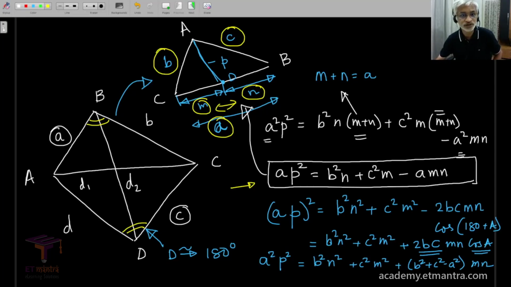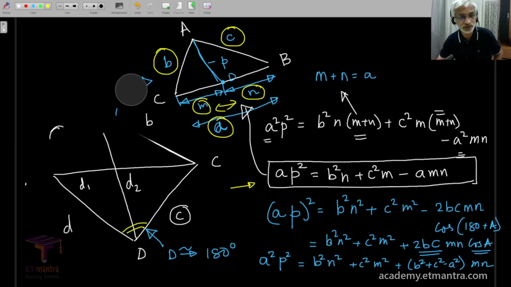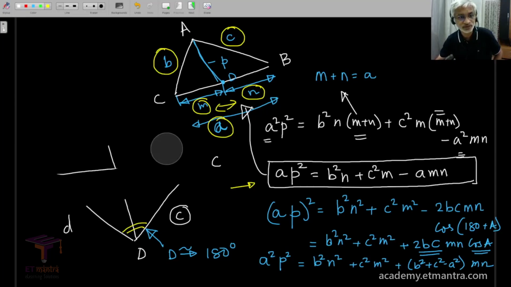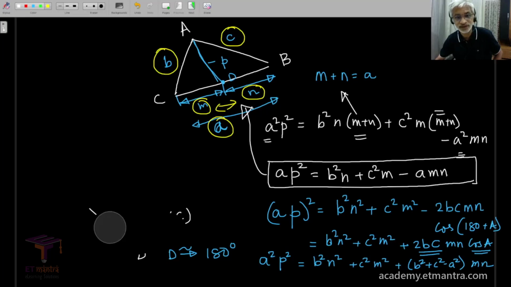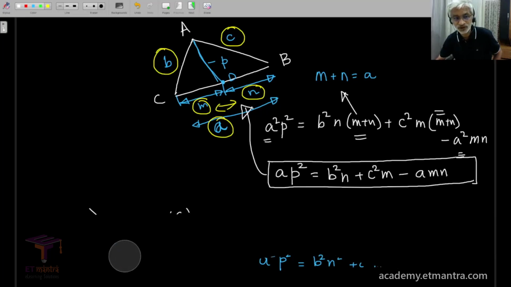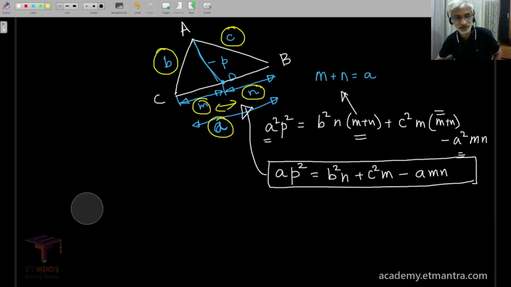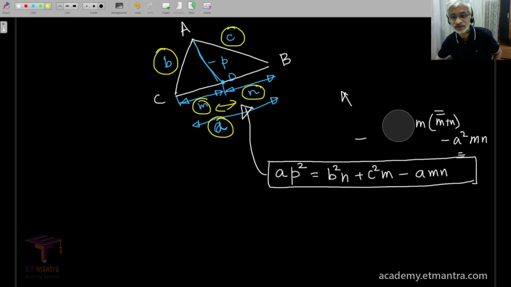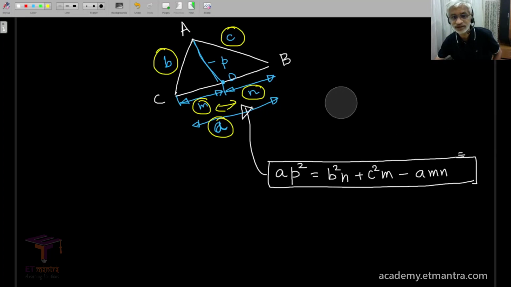So what I should try and do now is, we have still a little bit of work to do. So let's try to clean up our board, but we'll keep the triangle and we'll keep the Stewart's formula. Now, what we can do is slightly modify Stewart's formula to get a nice expression for a particular case.